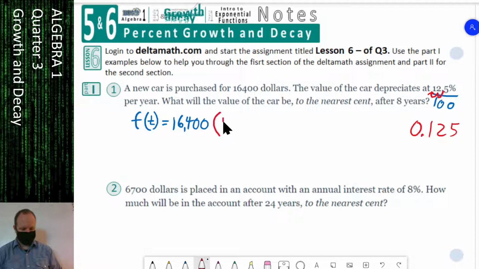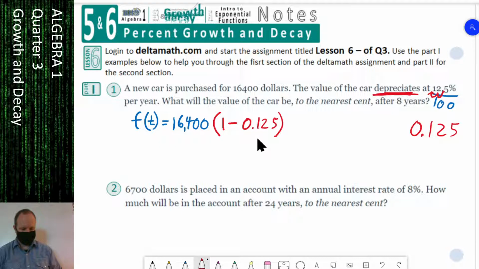First, we got to plug a 1 in. Are we going to be adding that number that we just came up with, or subtracting? It depreciates, right? Meaning it goes down. So let's subtract 0.125. And again, if you end up with a really cheap car at the end of this, you know you forgot to divide by 100, because if you start with 1 and take away 12 from it, I don't even think we can have a negative number in there, right?